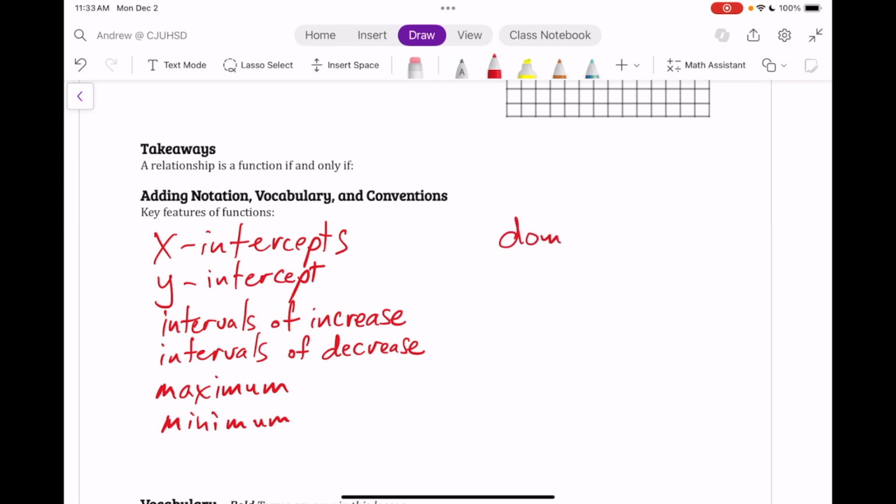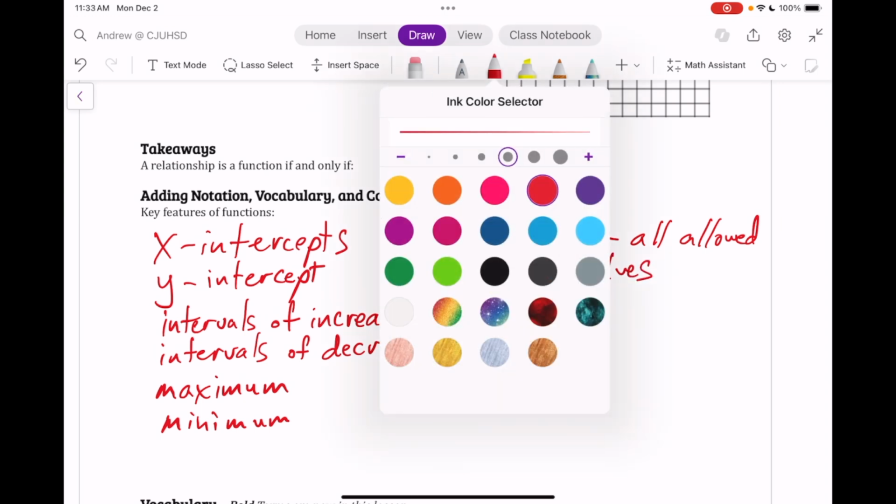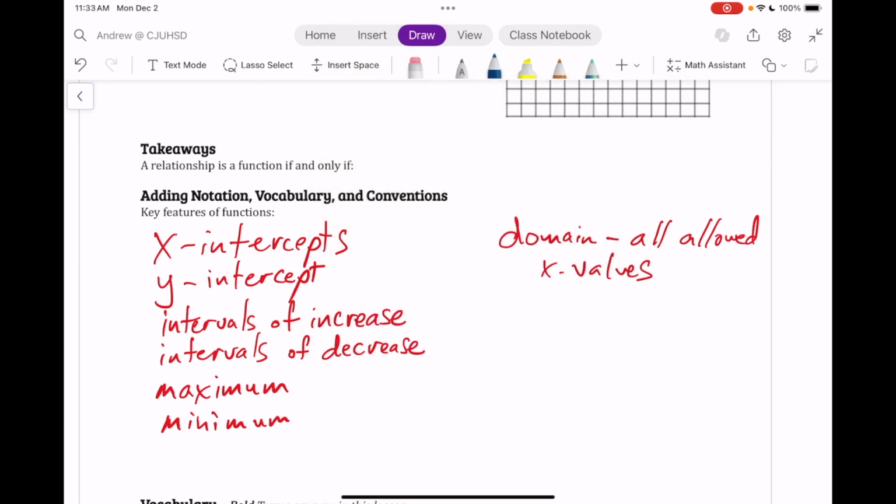Domain. These are all allowed x values. Who allows them? Well, they're allowed by the story.